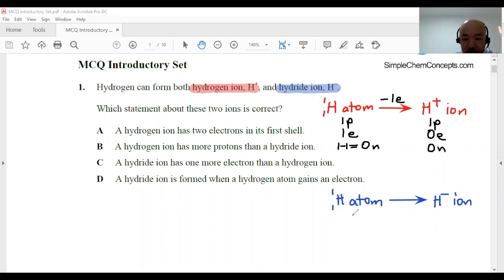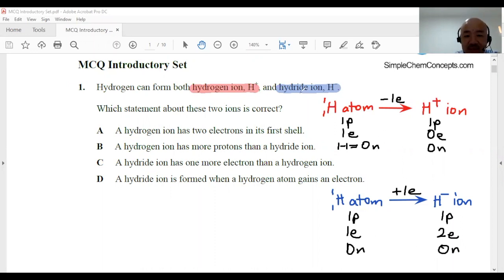So again, the hydrogen atom, we discussed this: 1p, 1e, and 0n. Then what happens? To become a negative ion, you must take in an electron. 1 minus means you take in 1 electron. So here we go. You have 1 proton. 1 plus 1, you have 2 electrons right now. And neutron is still 0.